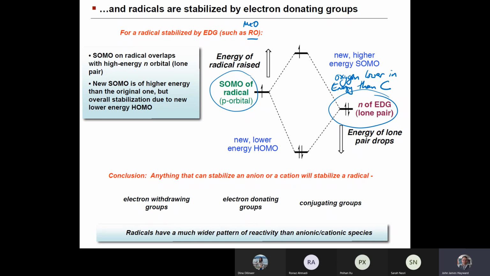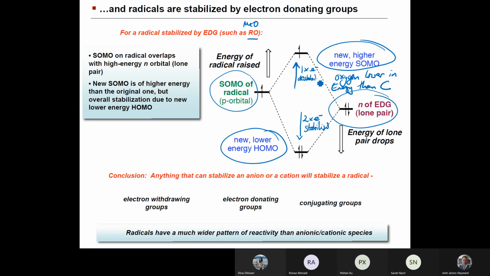We end up mixing our filled lone pair with our SOMO, and we generate a new lower energy HOMO, but a new higher energy SOMO. The key thing here is that 2 electrons are stabilized, 1 electron is destabilized. So overall, there is net stabilization by the electron donating group. But the new radical that we've produced is higher in energy, and it is now considered nucleophilic.